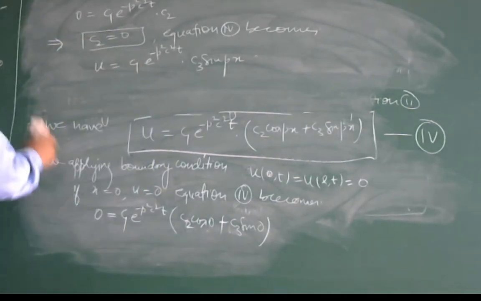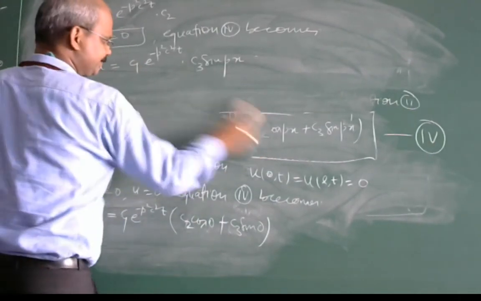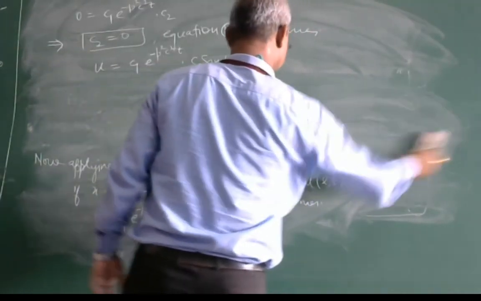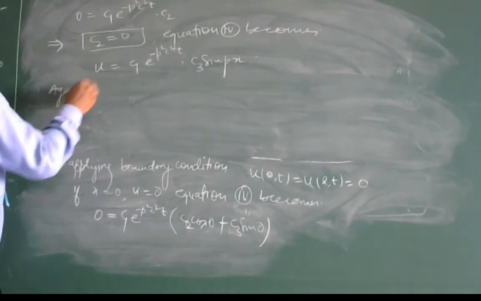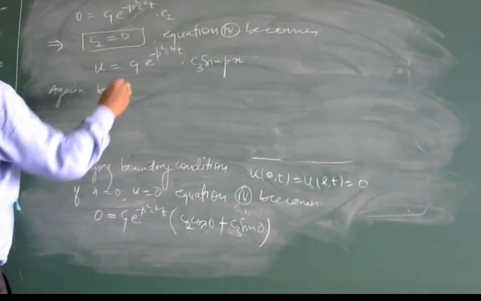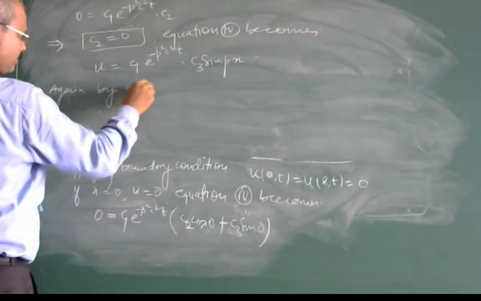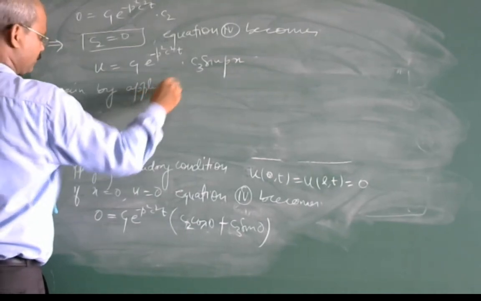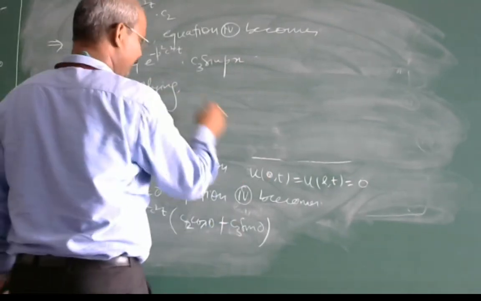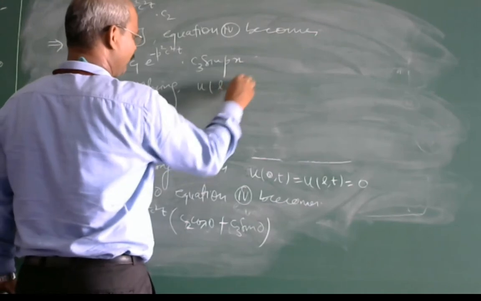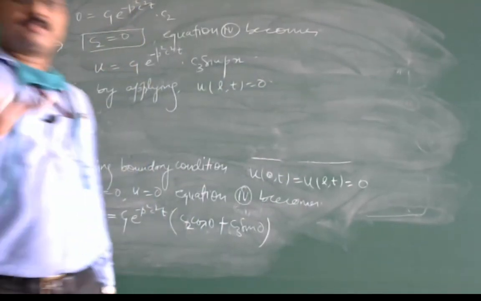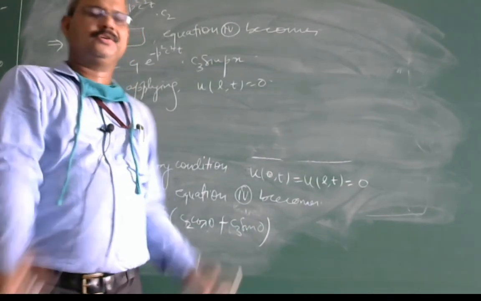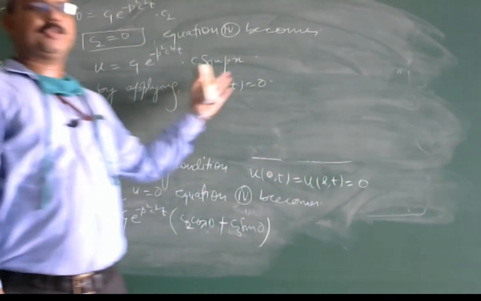So now again, by applying u(L, t) equal to 0, it means that whenever the distance x becomes L, the temperature becomes 0.